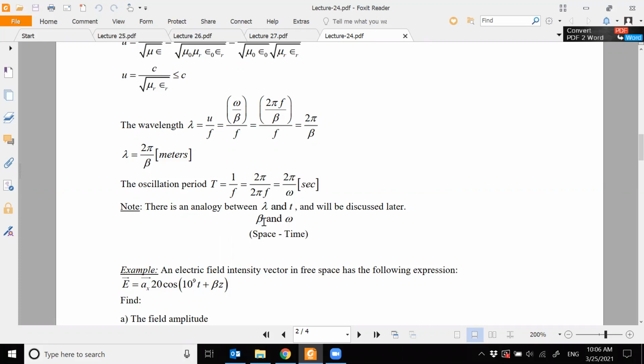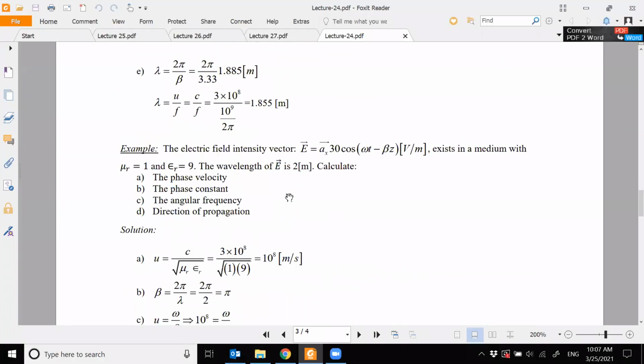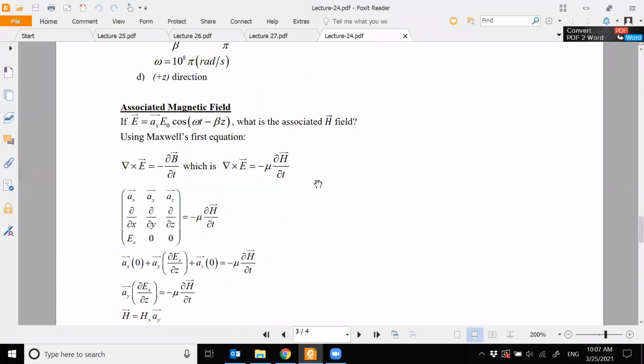This is in time. And now in space, similarly, the wavelength and the phase constant are related. Then we took the example where, by looking at the expression of the electric field, we found the amplitude, frequency, and phase constant of the electromagnetic wave. And then we also looked at the associated magnetic field.